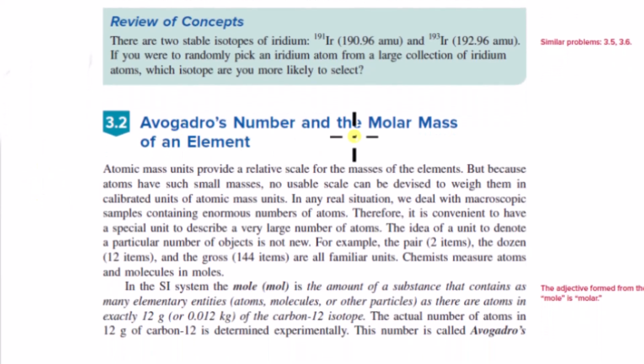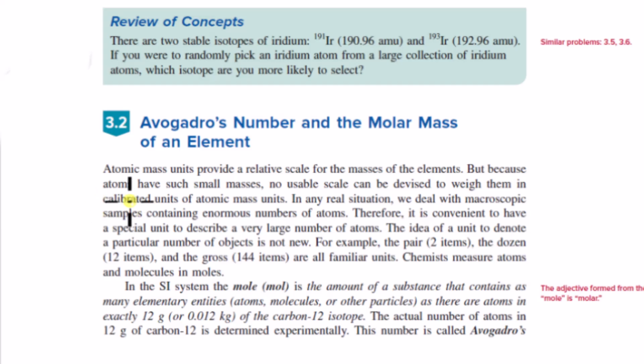Avogadro's number and the molar mass of an element. So now we want to bridge that gap between masses and counts at the atomic scale and the macro scale, the human size scale. It says atomic mass units provide a relative scale for the masses of the elements.